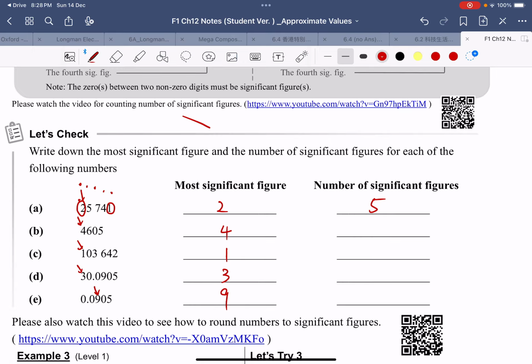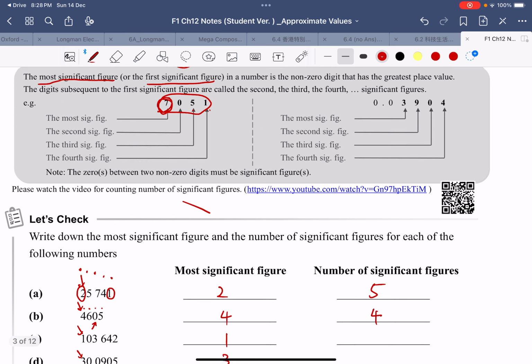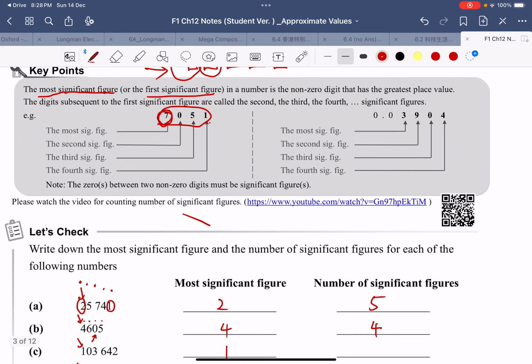And then 4, 6, 0, 5. 4 significant figures. I would say this 0 is also significant because the rule is, where's the rule? The 0 between 2 non-zero digits must be a significant figure.